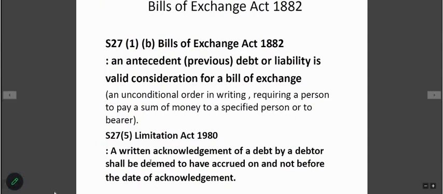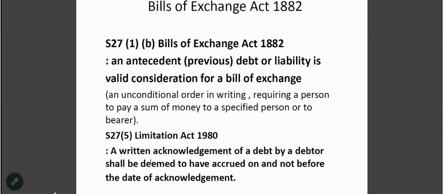Bill of Exchange Act: an antecedent, previous debt or liability is valid for a bill of exchange. It is an unconditional order in writing requiring a person to pay a sum of money to a specific person or to bearer, right? So this is the act, and it is all focused on UK law. It's not Singapore law, so actually we don't need to know this.